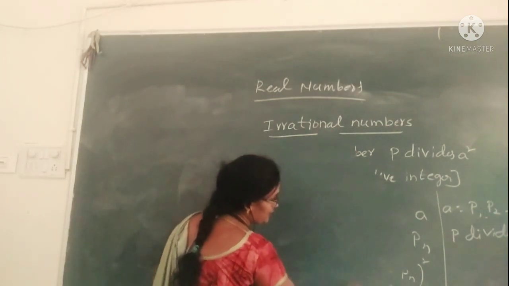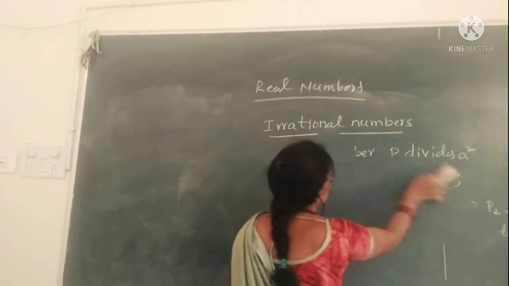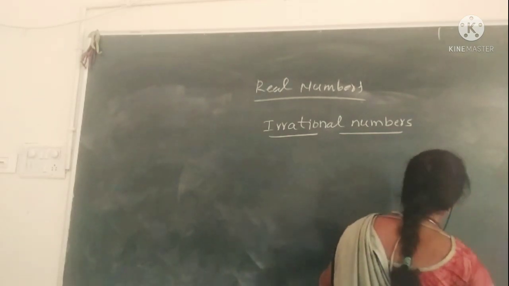First of all, we will show that root 2 is an irrational number.